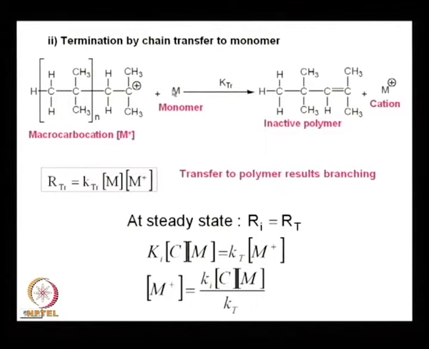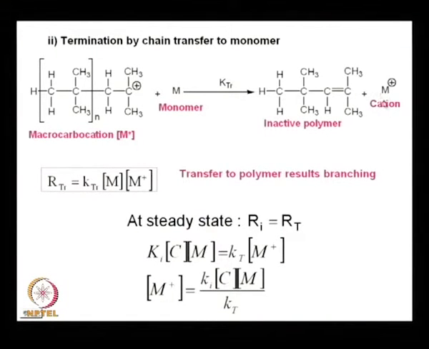The monomer becomes initiated and the chain becomes dead. So, it transfers its cationic center to a monomer, producing a newly initiated monomer, which can continue to grow, producing a large number of polymer molecules.